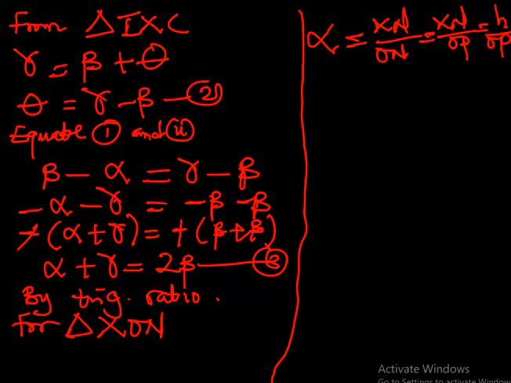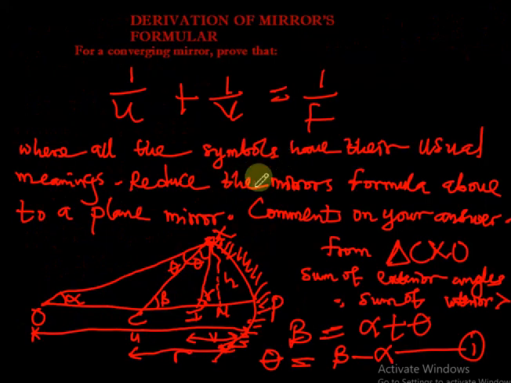Let's check the diagram. So we said for XON, that is a like triangle.